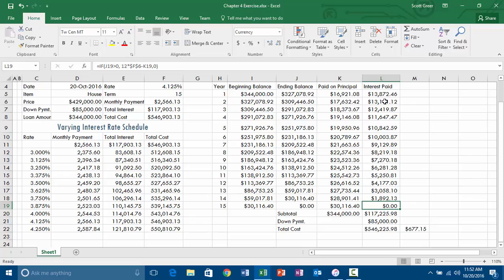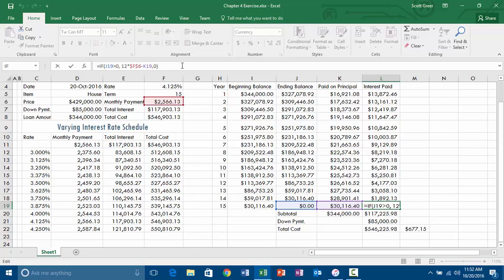That's so weird. This is the only one that's not calculating right. Yeah, because that should have interest paid money right there.